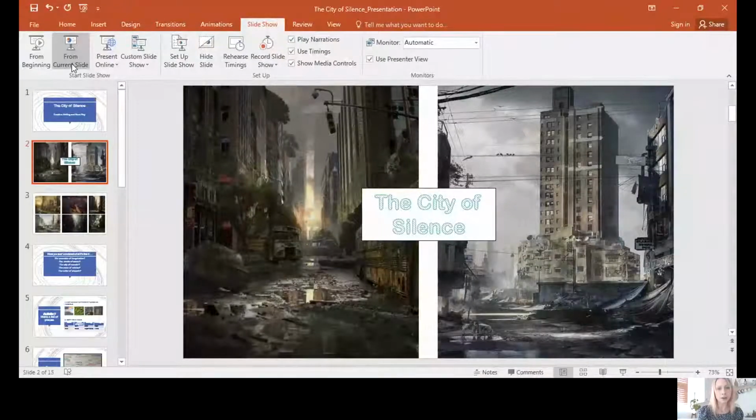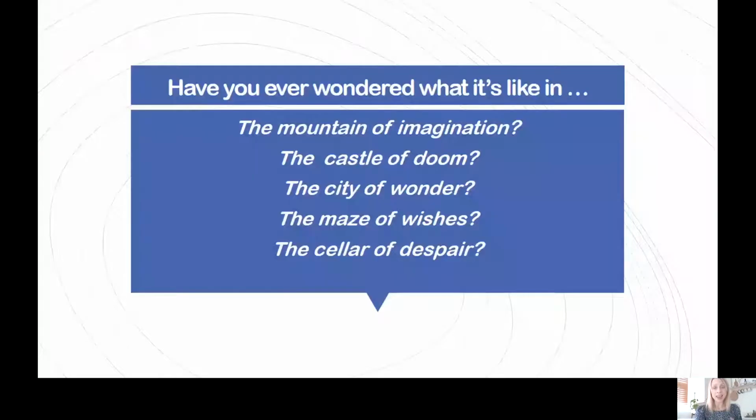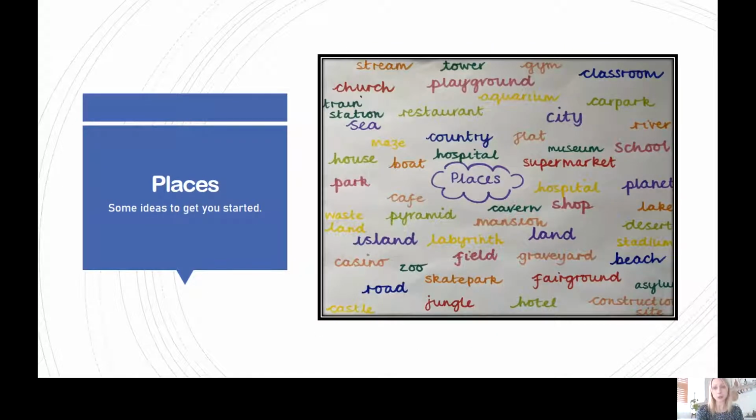Okay, so yesterday we used the idea of the City of Silence as an inspiration. We thought about the city, and then we broke it down and we thought about creating our own settings. And you should yesterday have brainstormed all of the different places. I'm sure you'd have come up with a lot more strange and interesting settings than I did.